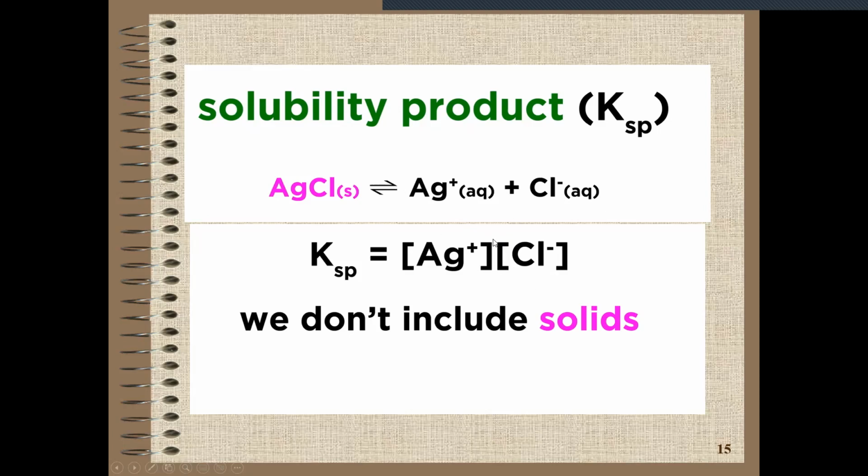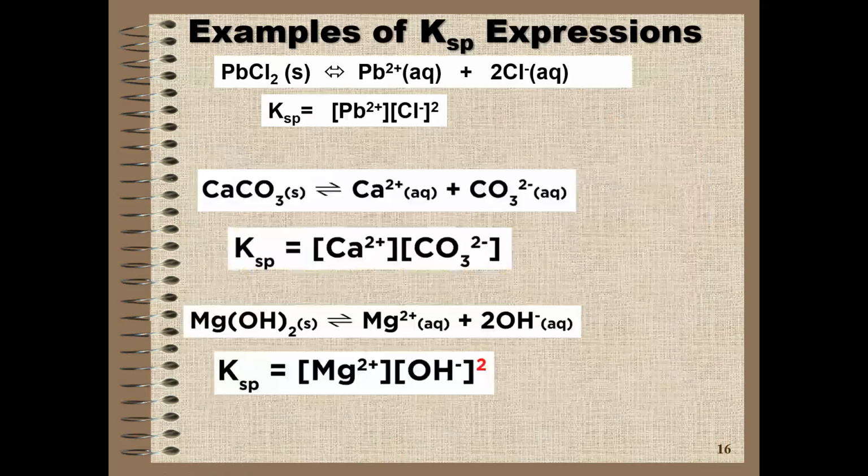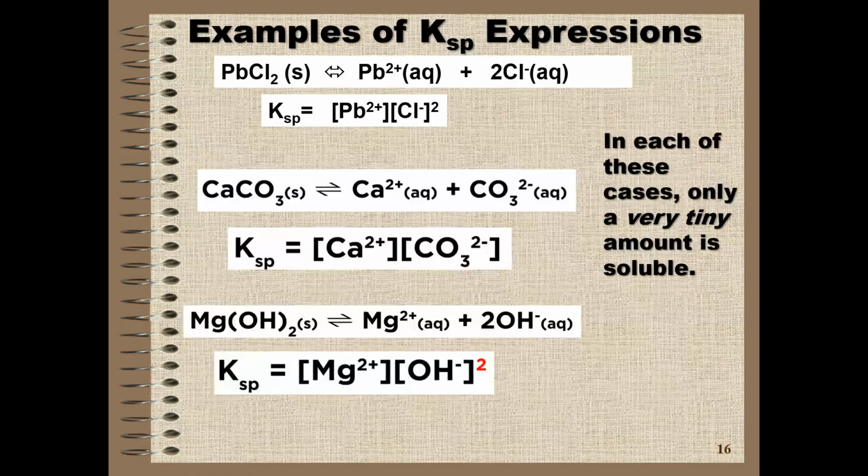Since they're both 1, we don't have to write the 1. So make sure you know how to do that. And let's go to 16. These are just some other examples you can look at yourself. Given the equilibrium equation, write the KSP expression. So it should be fairly easy.